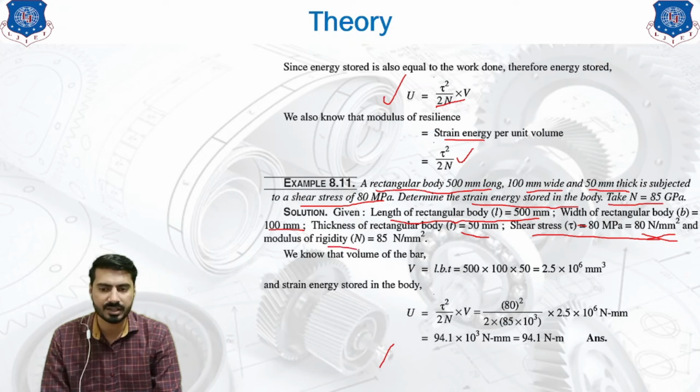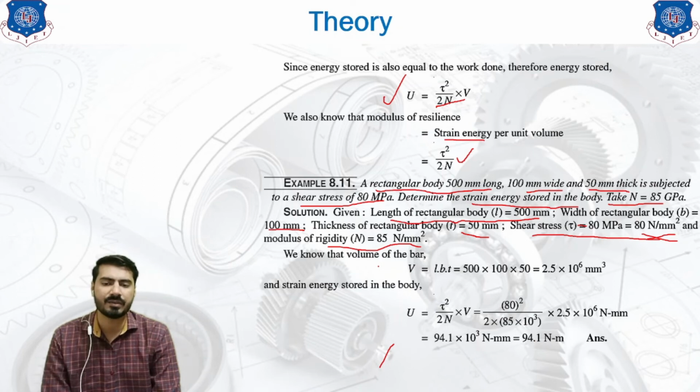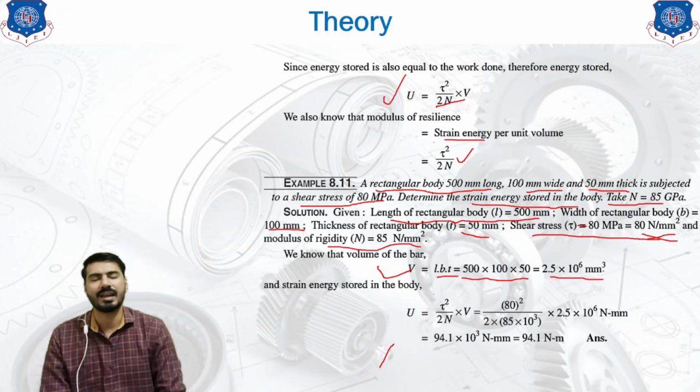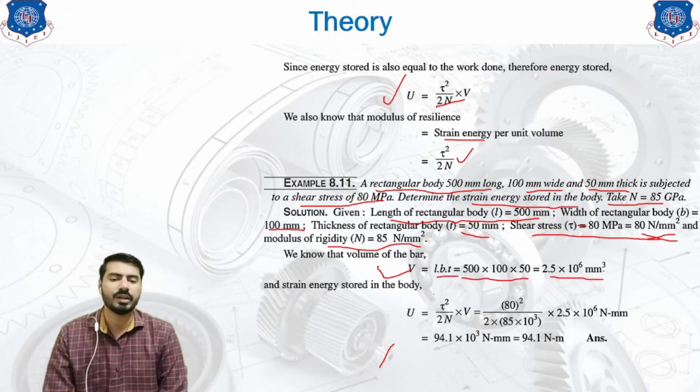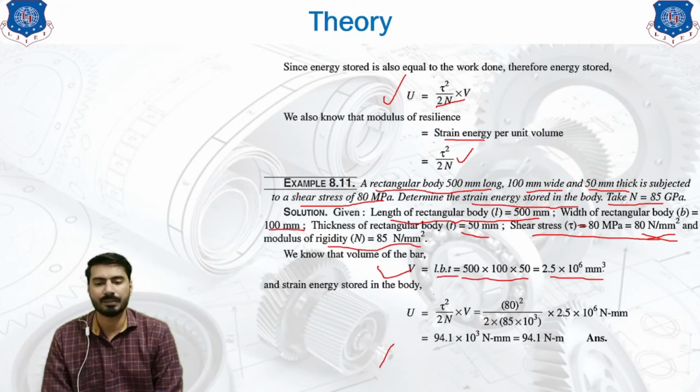Modulus of rigidity is also written in terms of Newton per mm square. First thing we are going to do is find the volume, because all the dimensions are given. All you have to do is insert those dimensions into this equation and calculate using the calculator to get the answer as 2.5 into 10 raised to 6 mm cube. So this is our basic answer.